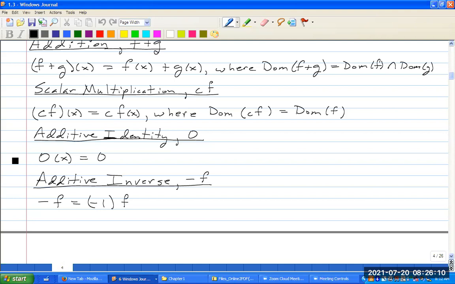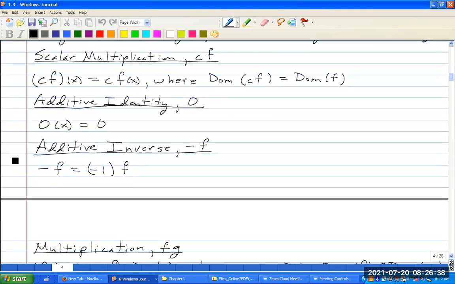So the function 0 of x is equal to 0 for every x. And it's your choice to figure out what the domain of that is. It'll be different depending upon the situation that you're looking at. But usually we don't specify the domain because in the context, it's obvious for the 0 function.